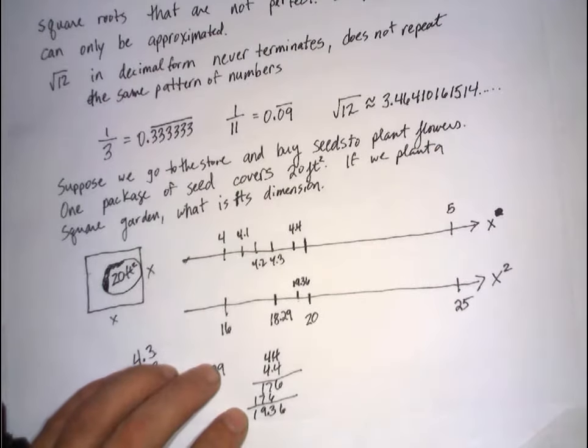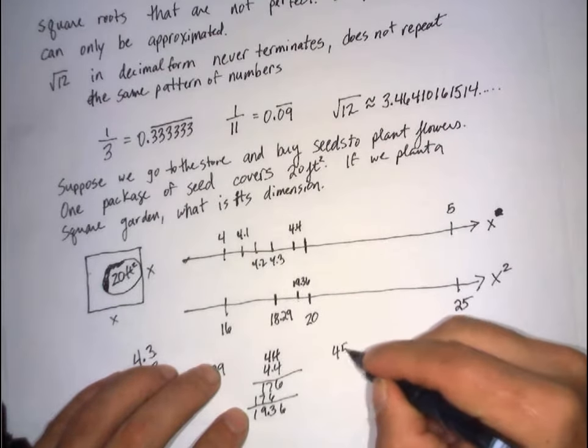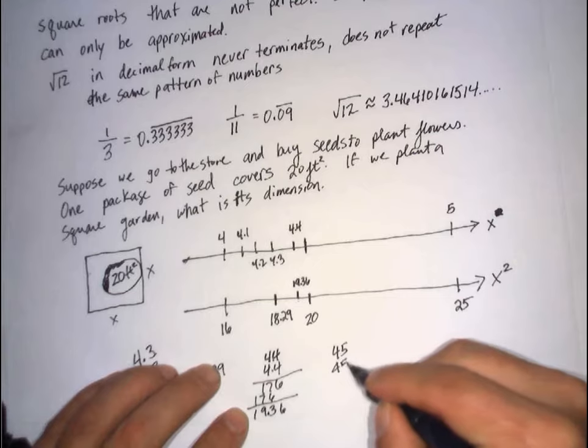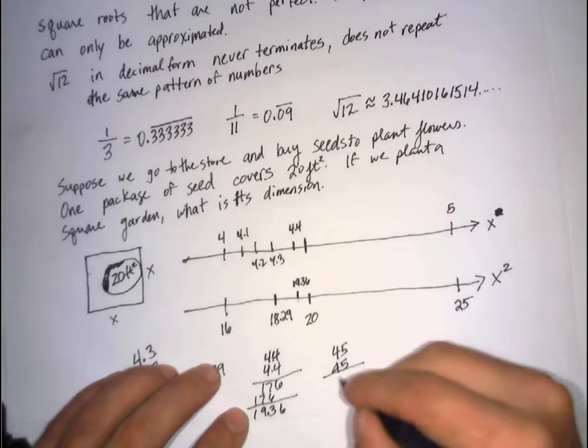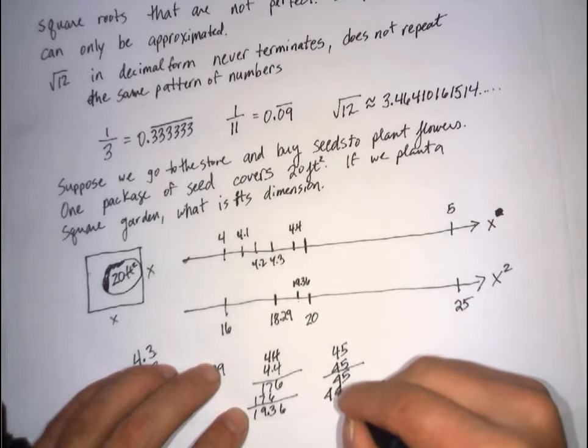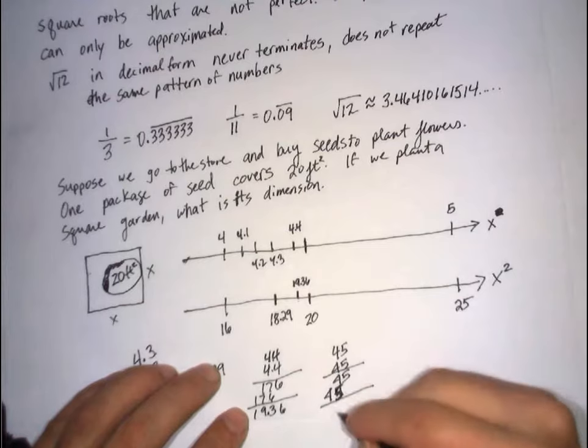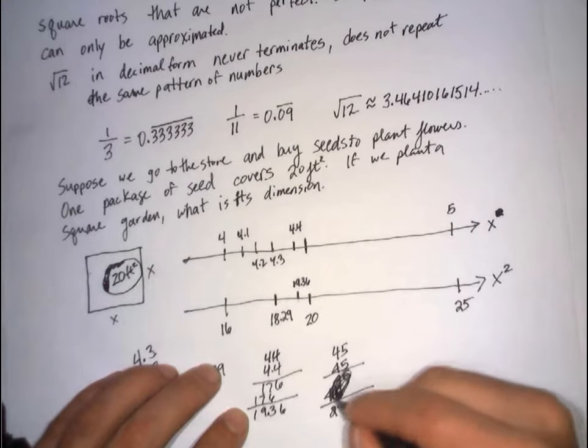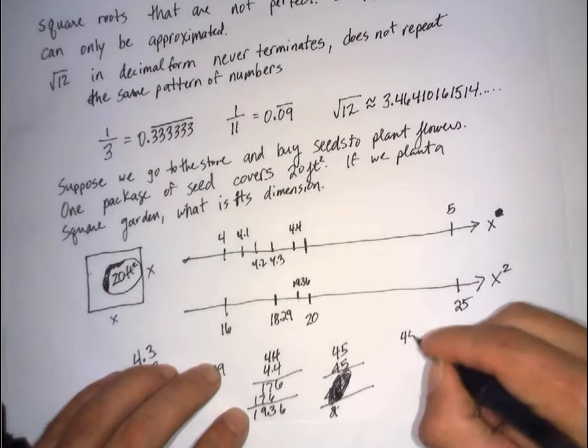Let's see what 4.5 squared is. I already know what 45 squared is, and you can do the math here by multiplying it by itself. There's a trick to squaring numbers that end in 5. Oh, that's not 45 twice, let me try that again.